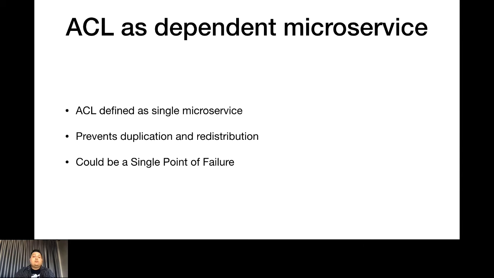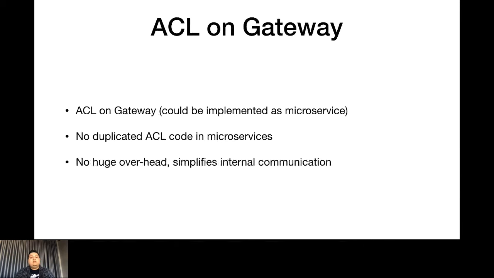So the next approach is having ACL on the gateway. There may be a few variations on the topic, but we may have ACL straight on the gateway, or also implement ACL as a microservice to which our gateway will communicate. The good thing here is that we have no duplicated ACL logic in any of our microservices.